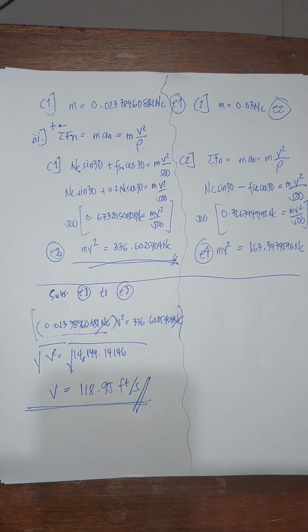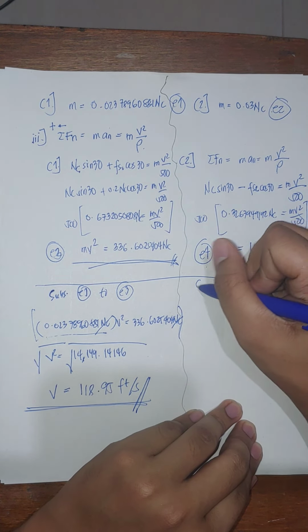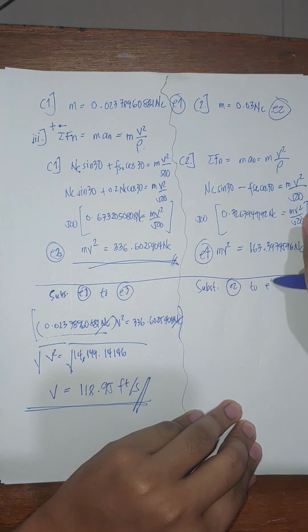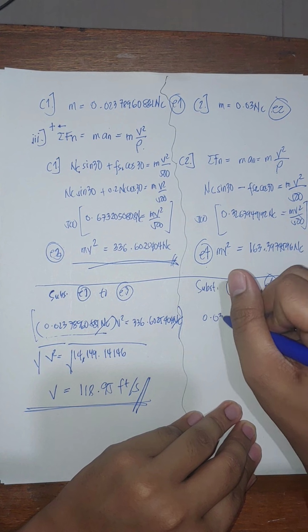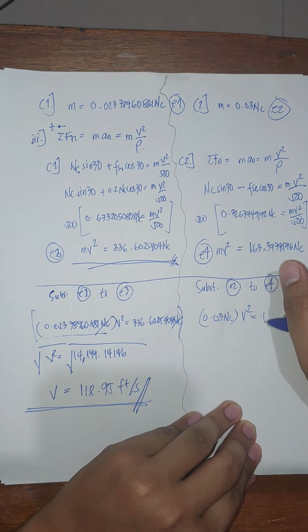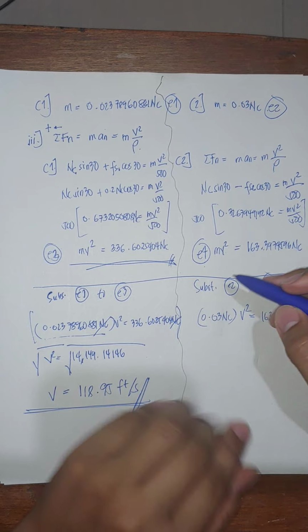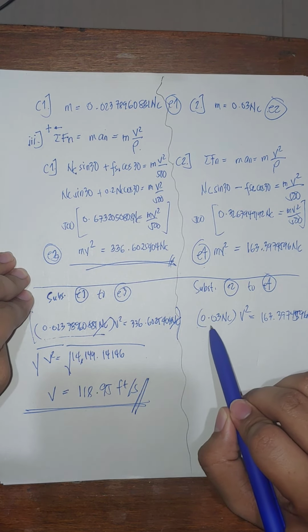So what is our velocity for case 2? Okay, we again substitute equation 2 into equation 4. Equation 4 then becomes 0.03 NC times v squared is equal to 163.3974596 NC. To get rid of this, we divide the whole equation by 0.03 NC.